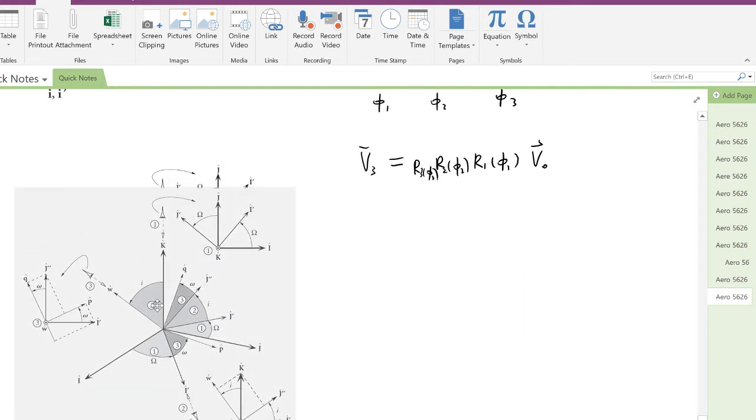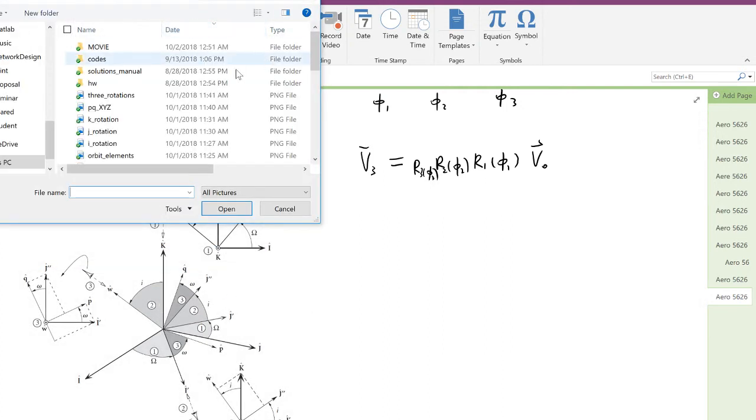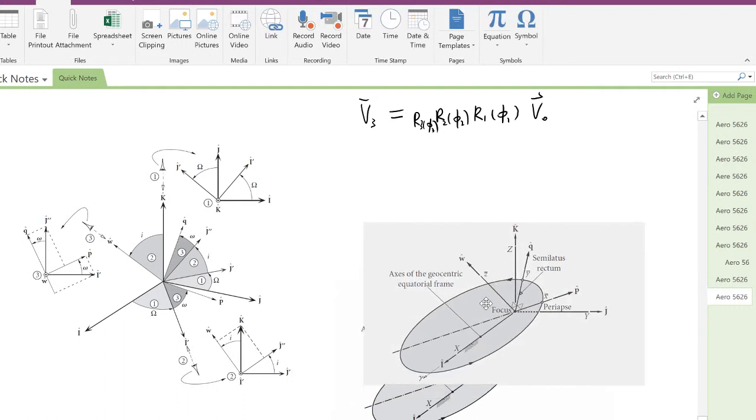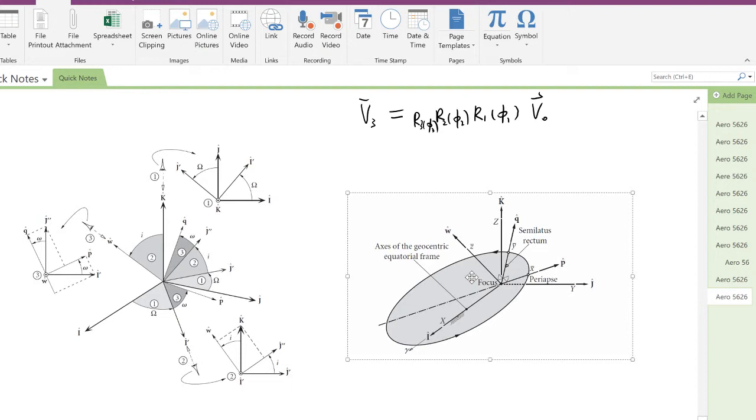And to make it clear, I will also insert another set of pictures that explains how we can convert from the PQ axes, the small x, y axes we defined, to the capital X, Y, Z axes. This rotation is first around the k hat through the right ascension angle omega, and it rotates I and j, as you can see, into I prime and j prime with respect to the k axis using angle omega.